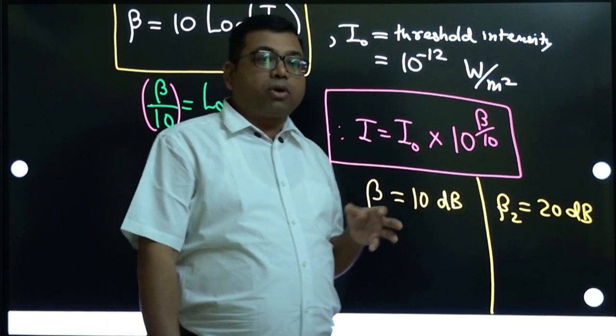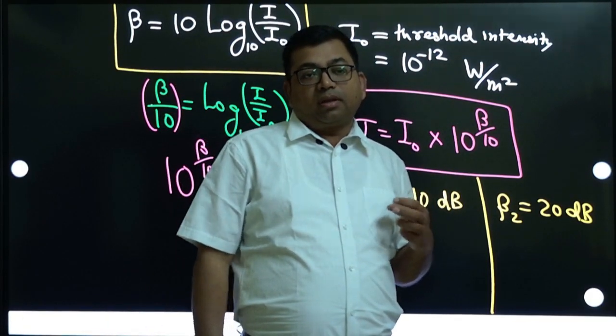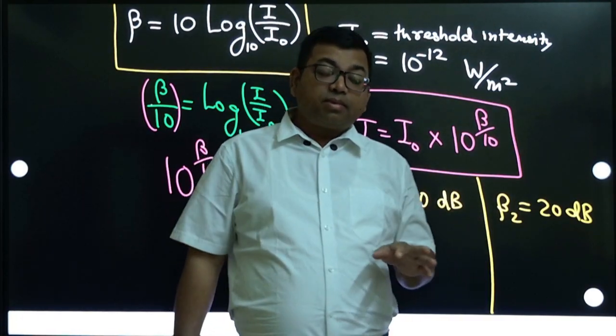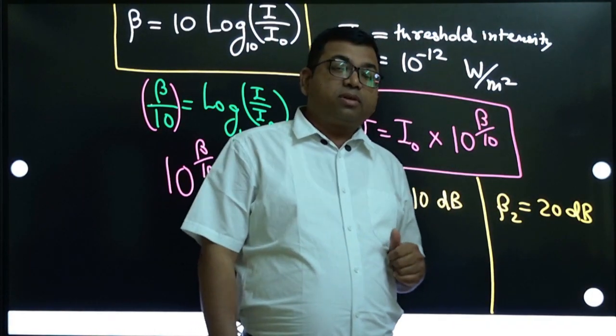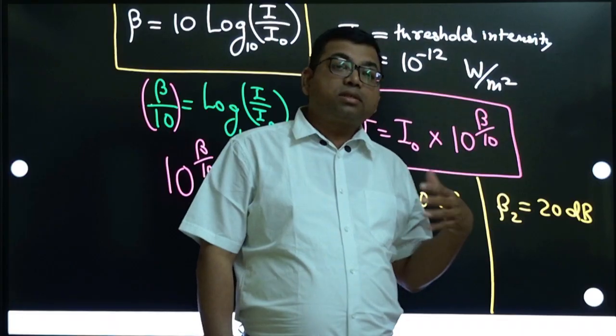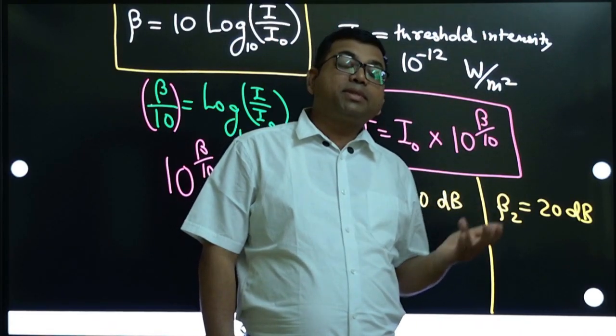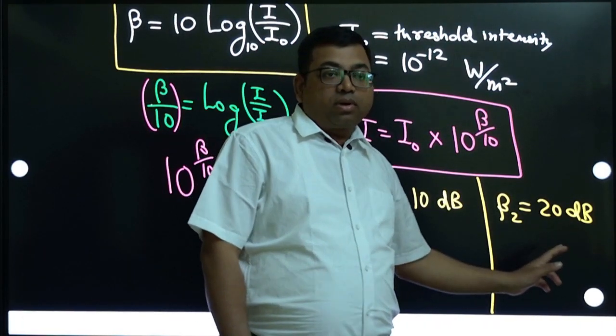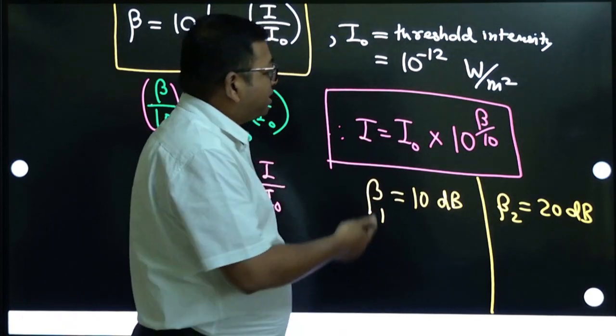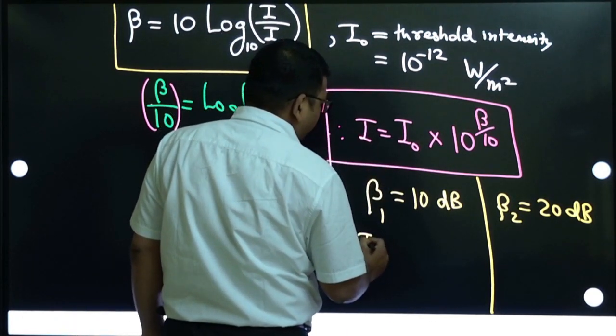Suppose there is a music box from which sound is coming, and this loudness is 10 decibel. Another music box, loudness is 20 decibel. So how many times is the intensity? If I have taken double loudness, how many times are the intensities? First you calculate for this one.